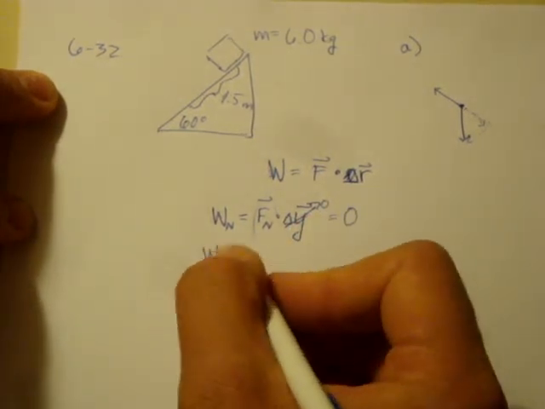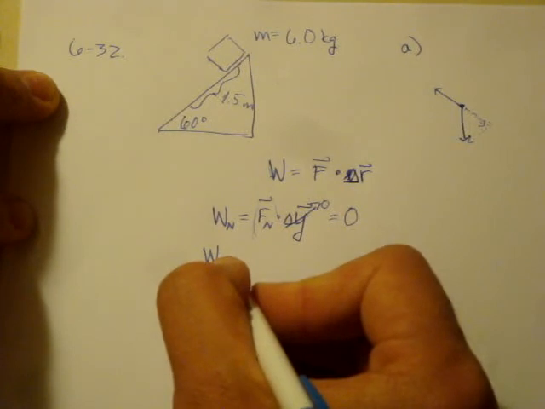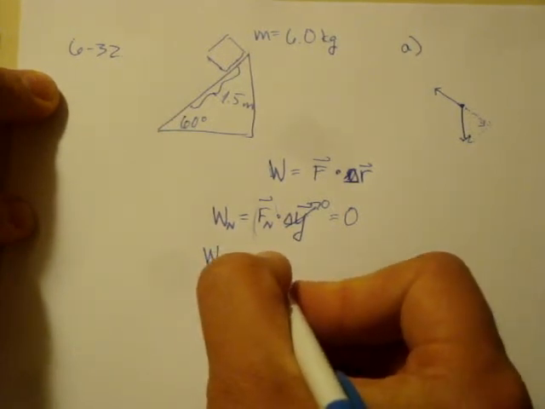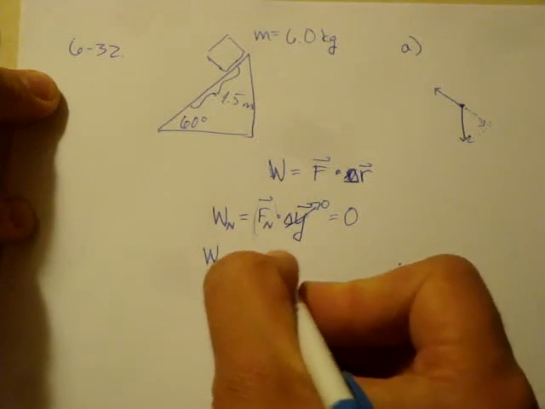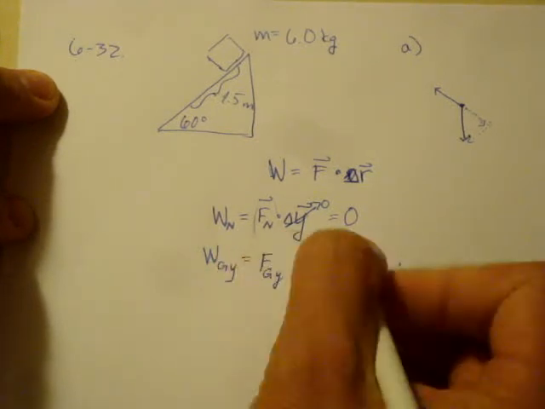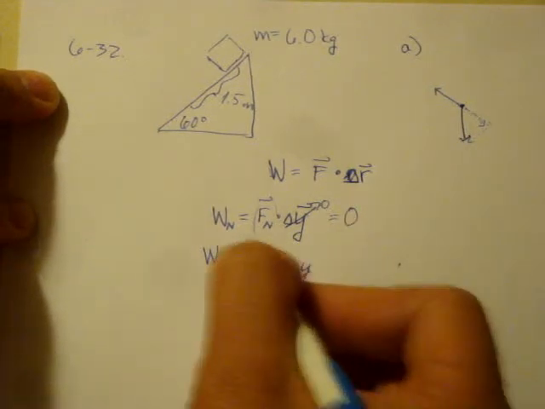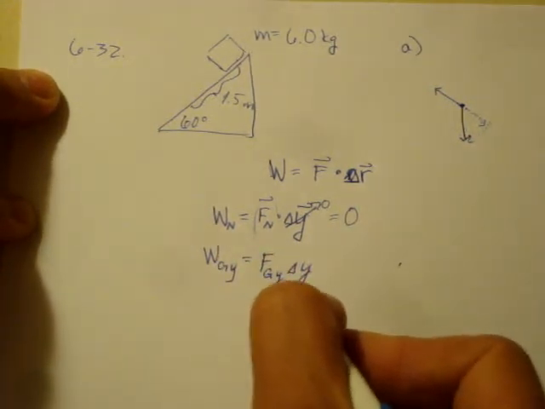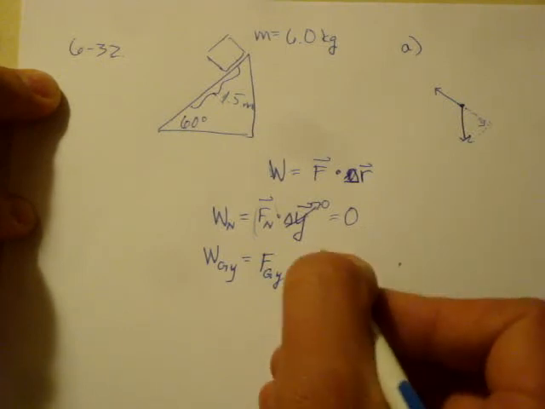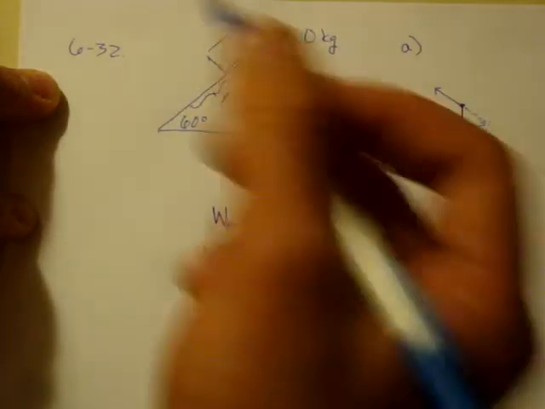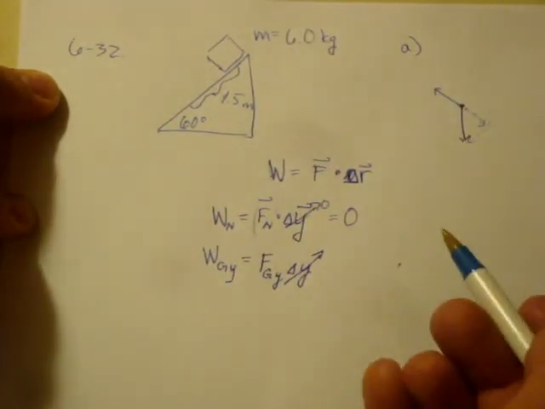The work done by the gravitational force in the y direction is also equal to 0 for that same reason. So this is the y component of the gravitational force times delta y. I'm removing the arrows here because this is in a very specific direction, the y direction, and there is no displacement along the coordinate that is perpendicular to the plane of the ramp.